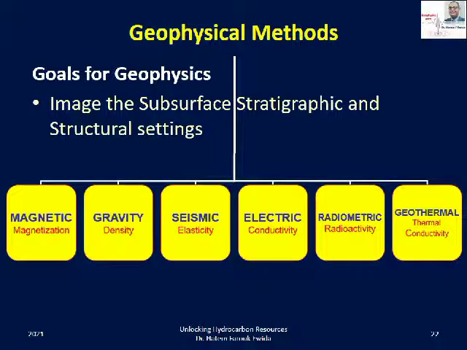The second method is called the gravity method, which depends on the density of the rocks. The third one is the seismic, which depends on elasticity. Then the electric method depends on conductivity. The radiometric, radioactivity, and the geothermal, which works on the thermal conductivity.